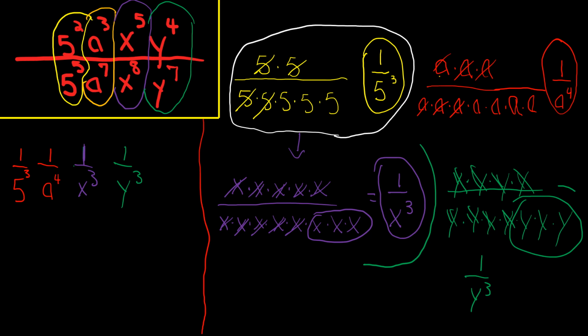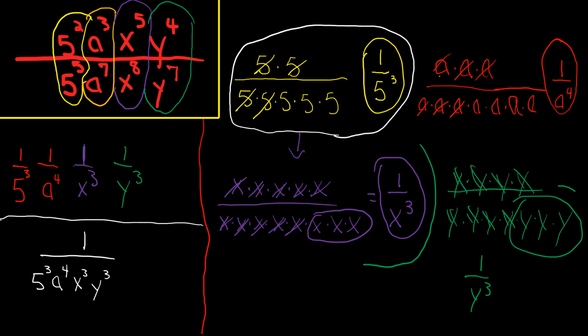So basically 1 times 1 times 1 is going to equal 1. So let's go ahead and write the official answer right up underneath here. 1 over 5 cubed, a to the 4, x to the 3rd, and y cubed.